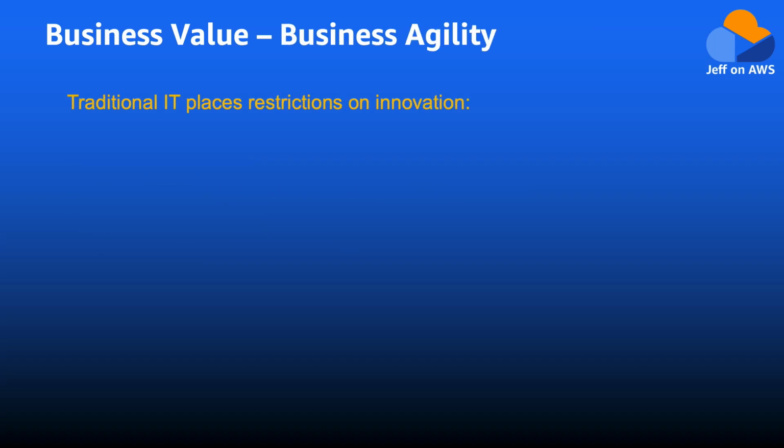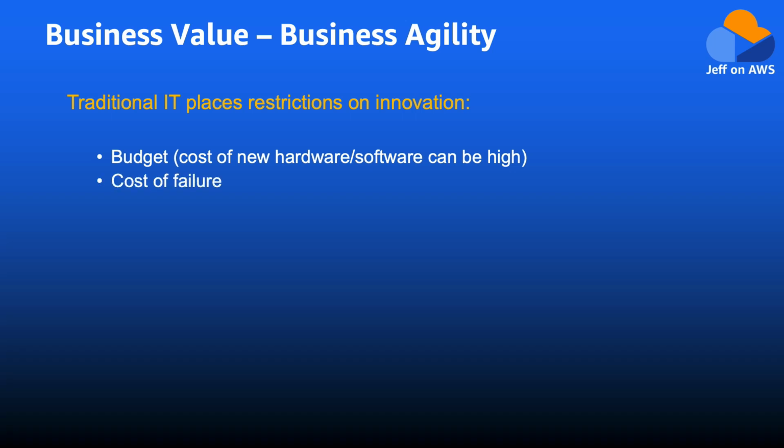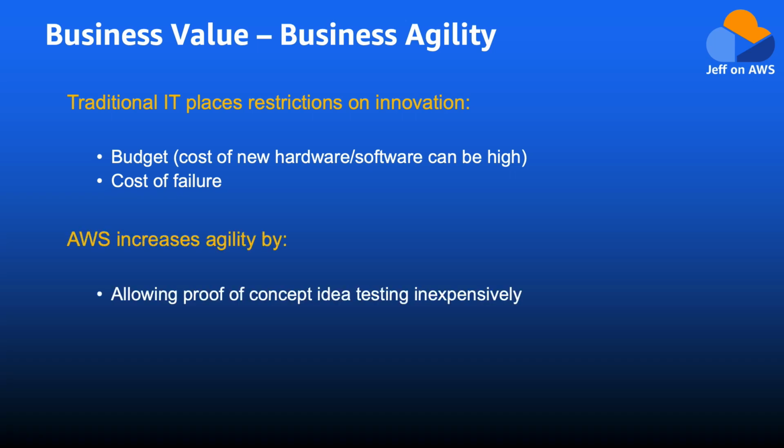Business agility is key. If you use traditional IT with on-prem infrastructure, there are restrictions. You have to consider the cost of new hardware and software, and the cost of failure. What happens if you buy software to innovate? AWS is going to increase your agility. It allows you to do proof of concept idea testing inexpensively.